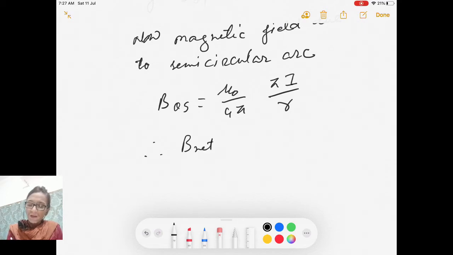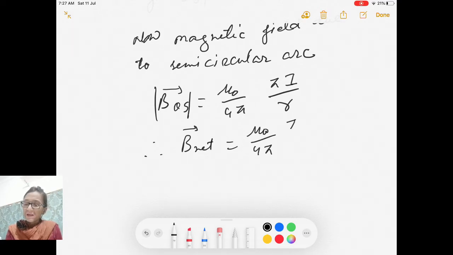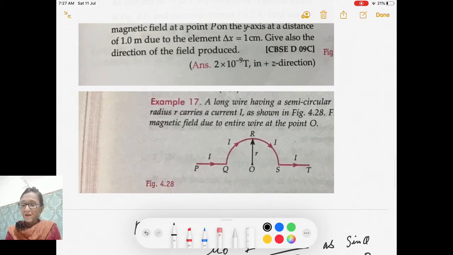Therefore, B net, this is your magnitude only. B net is equal to mu naught upon 4 pi, I upon R, and the direction you can obtain from the right hand thumb rule. If you catch this current carrying wire with your right hand such that the thumb is pointing in the direction of current, then the curl of the fingers will give the direction of the magnetic field.